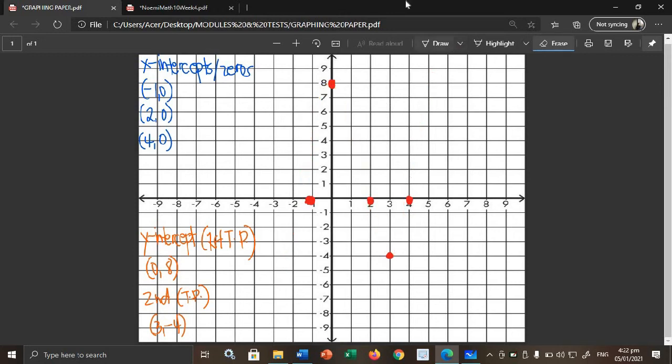nagmo-move yung lines. Ano ba to? Wait. Nagmo-moves kasi yung lines, hindi na exact dun sa points.